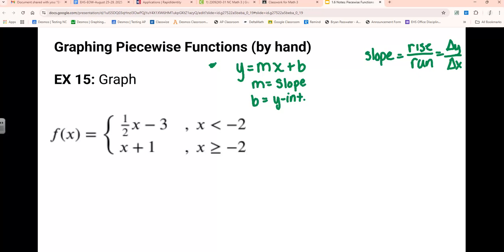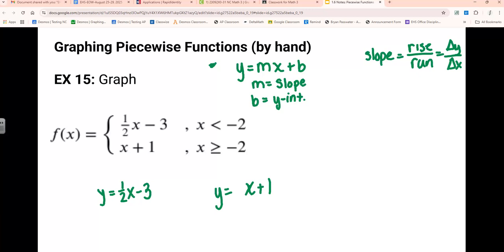So let's see how you can do graphing these right here. I would use a pencil in case you mess it up, because we want to make sure yours look right. So on your two sticky notes, on the separate sticky notes, you're going to graph, on the first sticky note, y equals 1/2 x minus 3. And on the other sticky note, you're going to graph y equals x plus 1.